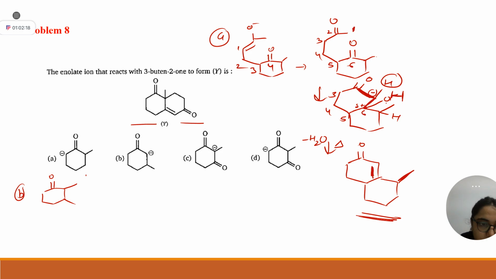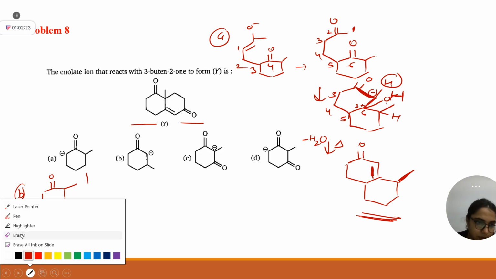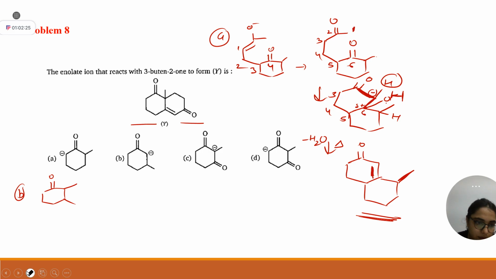And then this is your. Okay. And if we see again, it will form a 4 member ring. So, no, it will first become like this.